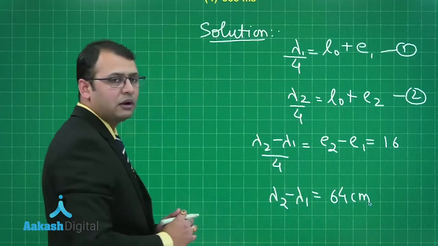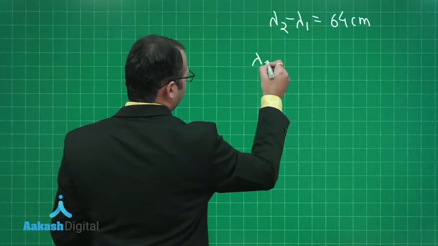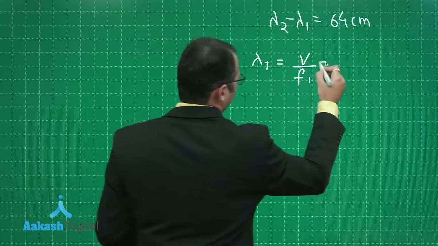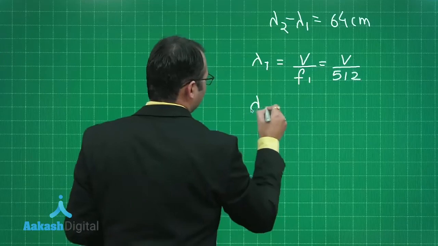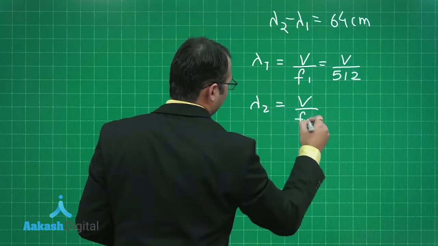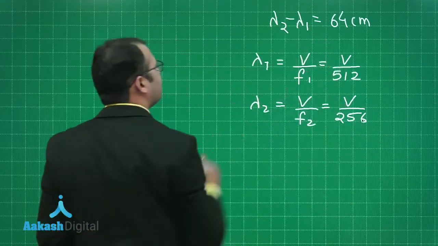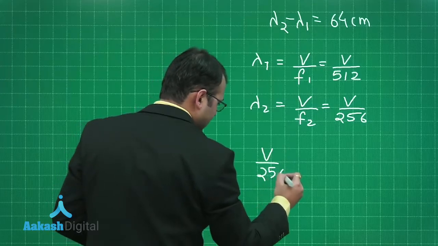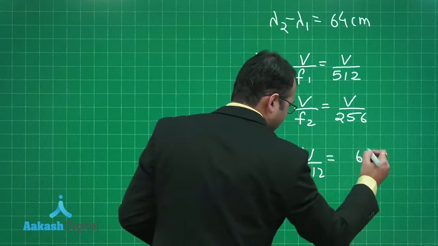So I have lambda 2 and lambda 1 with me. Now I can write lambda 1 as velocity of sound wave by frequency 1, which would be V by 512, right? And lambda 2, on similar lines, is V by F2, that would be V by 256. Now let's put down the values here. So I'll get V by 256 minus V by 512 equals 64.